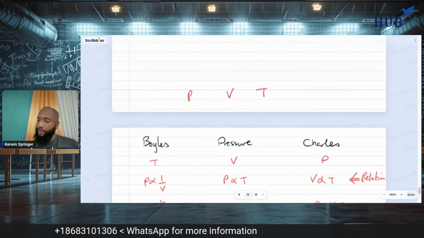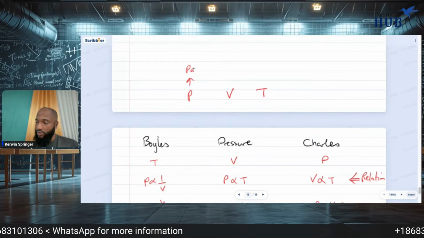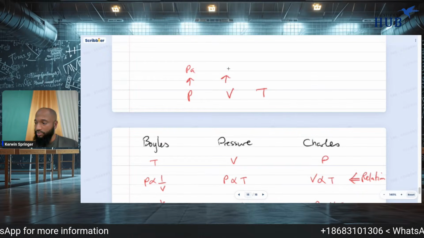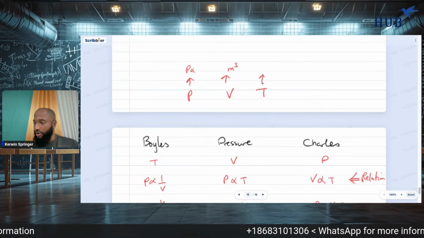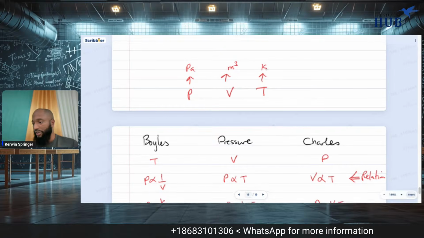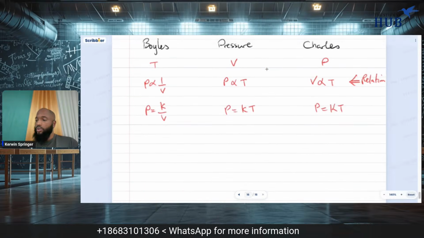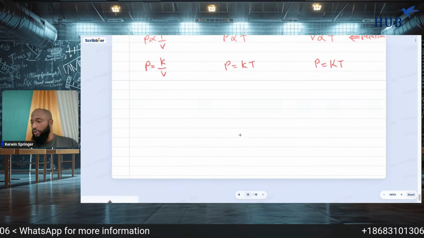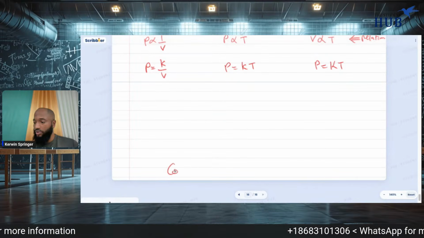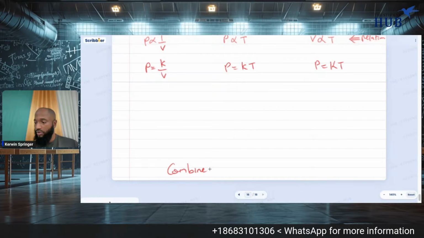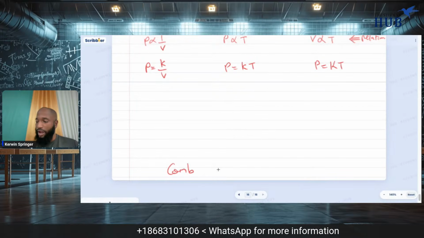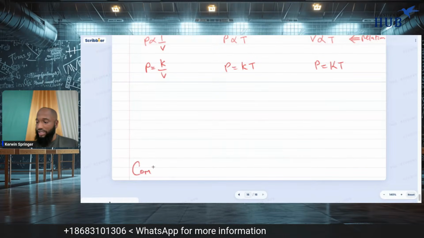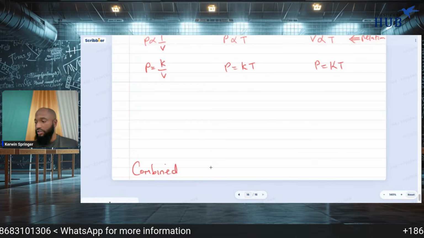What is the unit of pressure? What is the unit of volume? And the unit of temperature? Kelvin, good. So if we want to get a combined version of all these laws, what would we use? There are two ways to represent the combined version. One is more theoretical and one is more useful in questions.